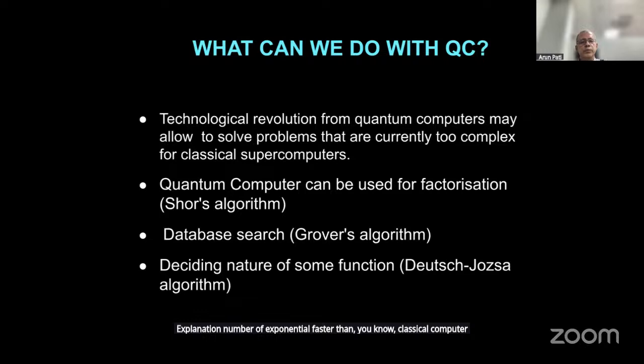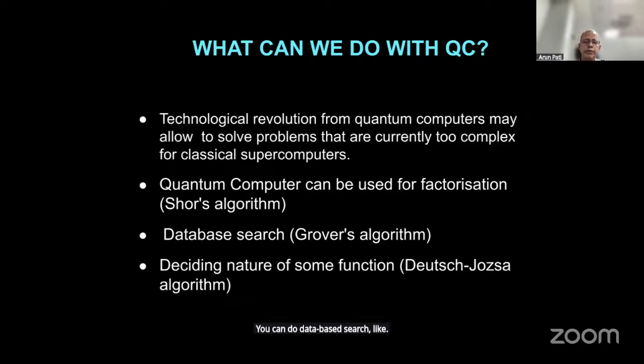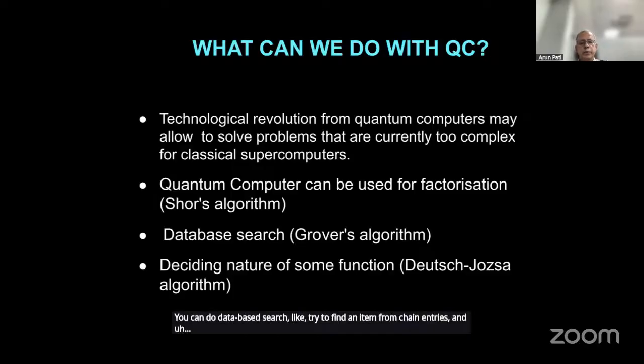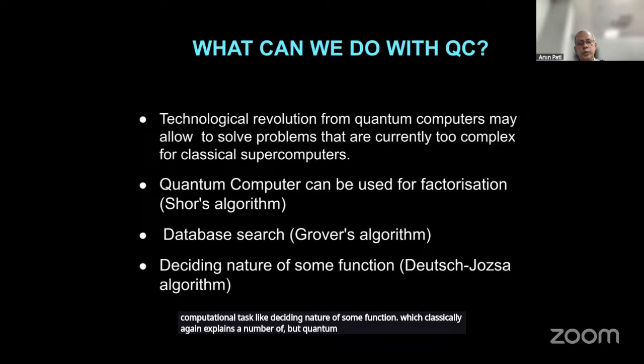And Grover's algorithm tried to show that you can do database search, like trying to find an item from say n entries, with a quadratic improvement. That means classically, if you take n steps, quantum mechanically you can do it in square root of n steps. Now, this Deutsch algorithm tried to show that there is a certain kind of computational task, like deciding the nature of some function, which takes classically again exponential number of steps, but a quantum computer can do it with just one query, one step.